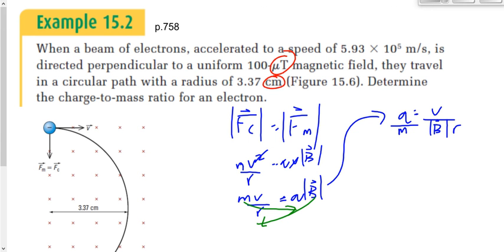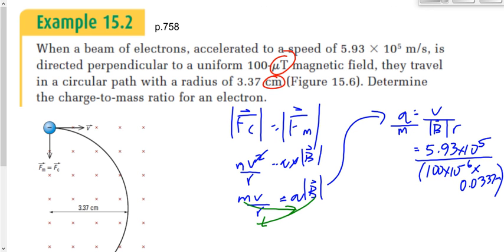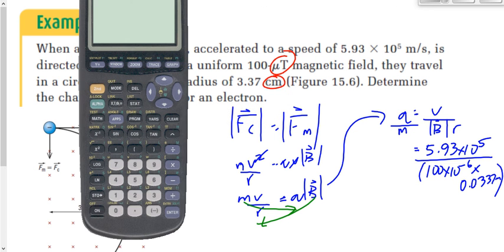Listen, if you know q and m, you can just divide q by m. But in this question, they're really expecting me to divide the speed by b, which is 100 times 10 to the minus 6 Tesla, times 0.0337 meters. Let's do this as a group here.